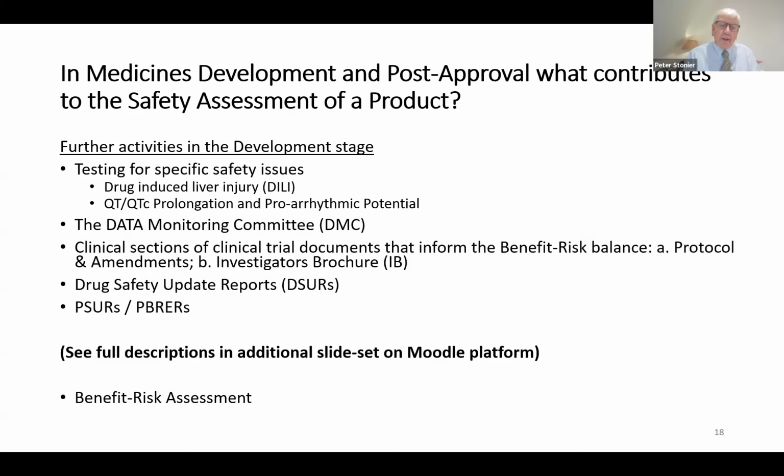Secondly, the data monitoring committee is an important regulated activity, introducing a group of experts into an independent data monitoring committee in clinical trials.